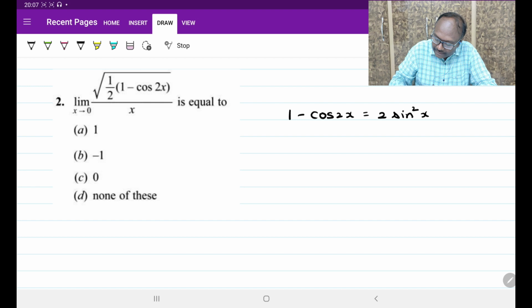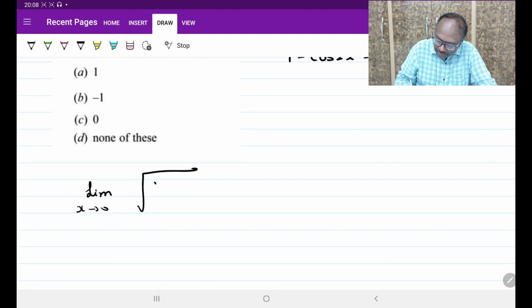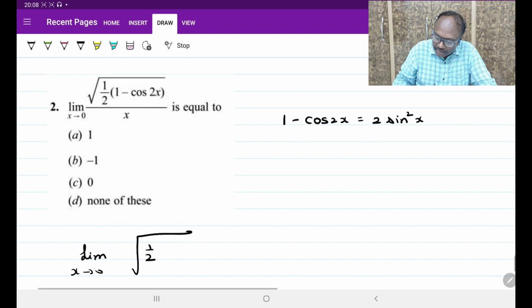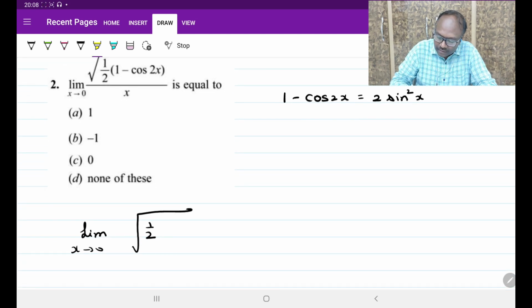So we can write this as limit x tends to 0 square root of half into, 1 minus cos 2x is replaced with 2 sin square x, whole divided by x.